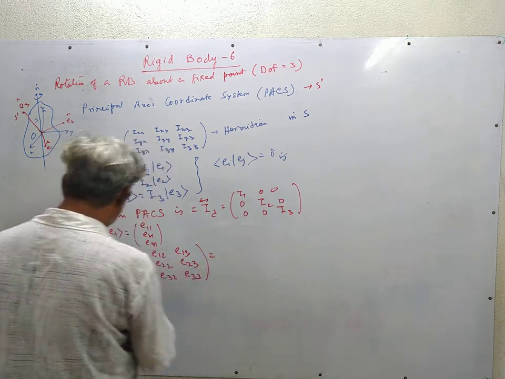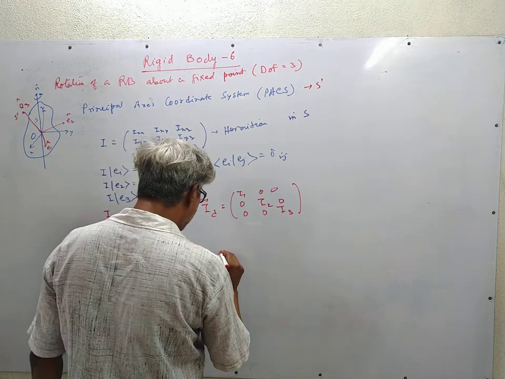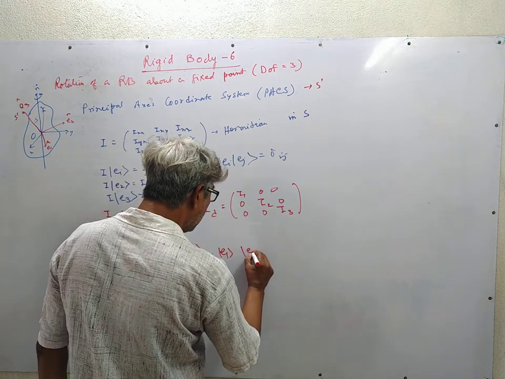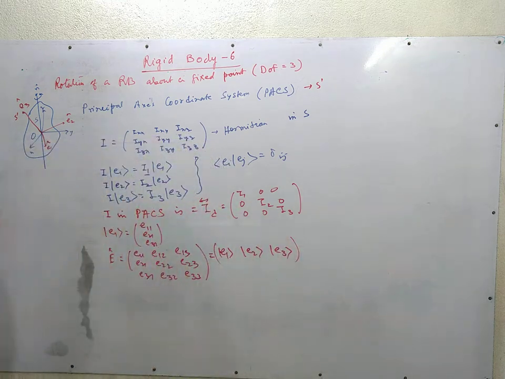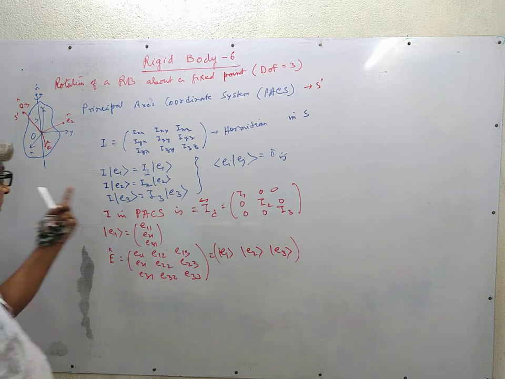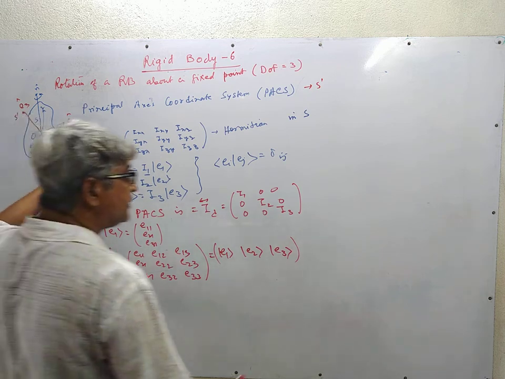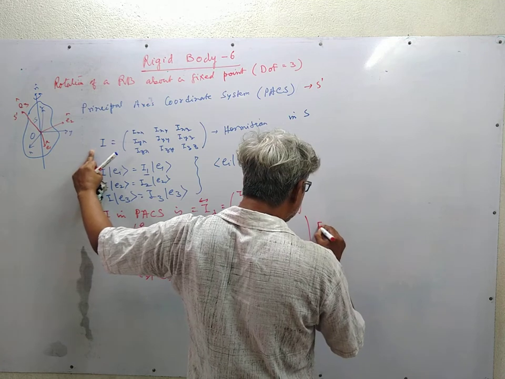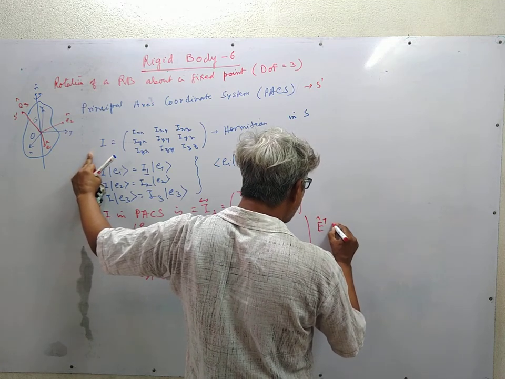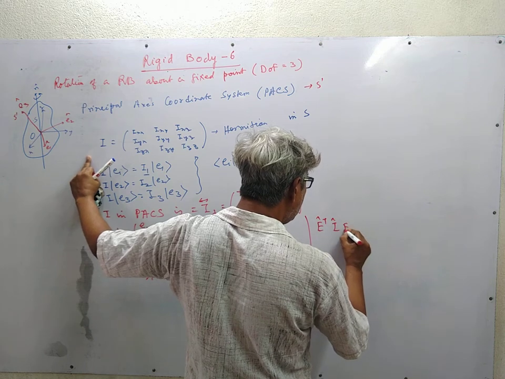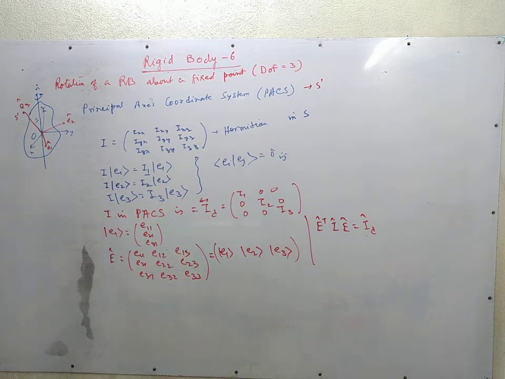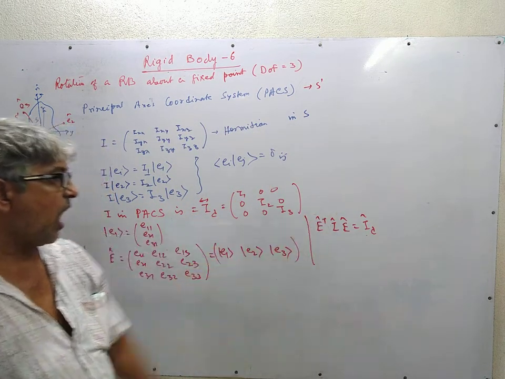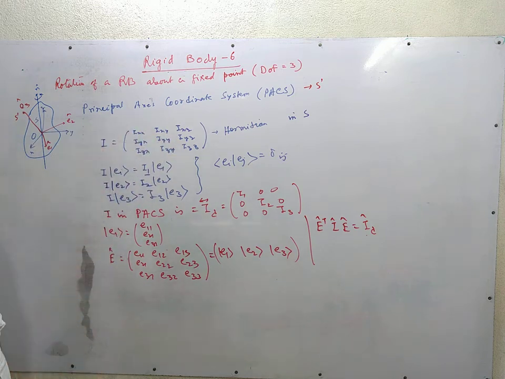Matrix E is E1, E2, E3. That is the modal matrix that we have introduced in connection with small oscillation. And if we transform, E transpose I E, then it is the I diagonal, which we have talked about, and the diagonal elements are the eigenvalues of the moment of inertia tensor.